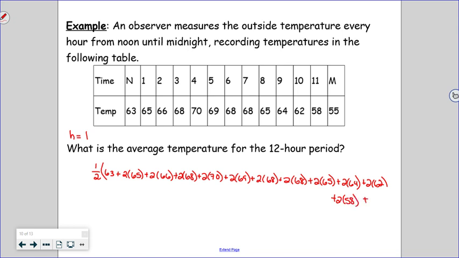And then I get to the last one, and I don't do 2 times 55. We just do 55, because it is only used in one of those trapezoids.